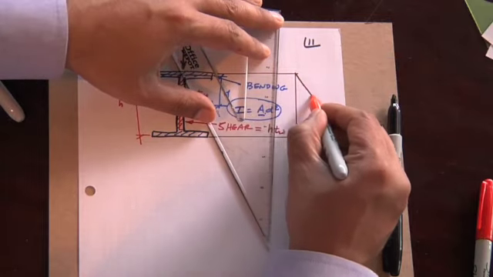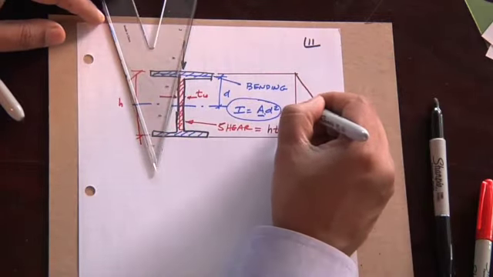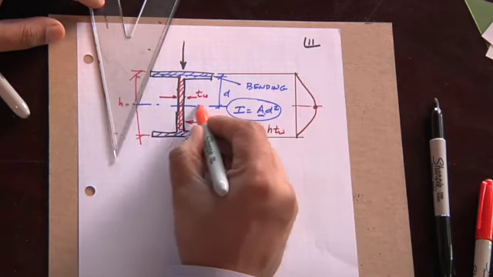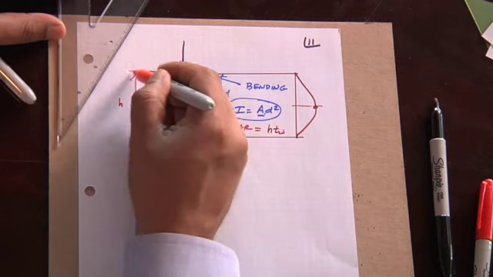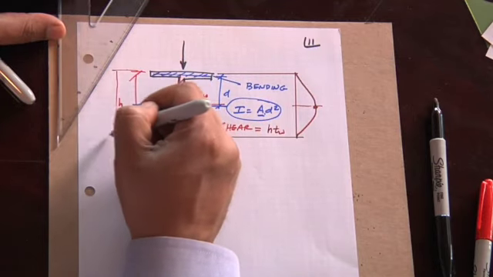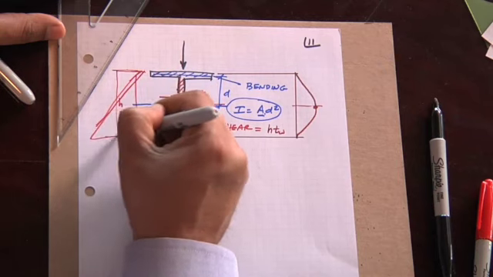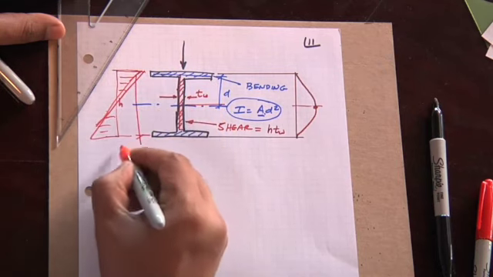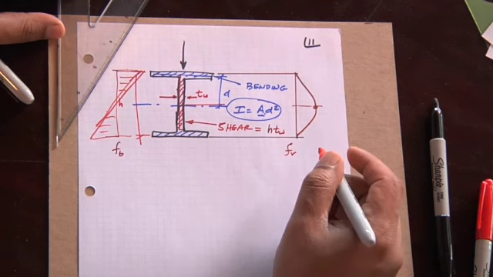It is a parabolic distribution, the highest stress occurring right at the center, at the neutral axis. Unlike bending, where the bending stress has a different distribution. Remember that the bending stress is 0 at the neutral axis. That's your bending stress. That's your shear stress.